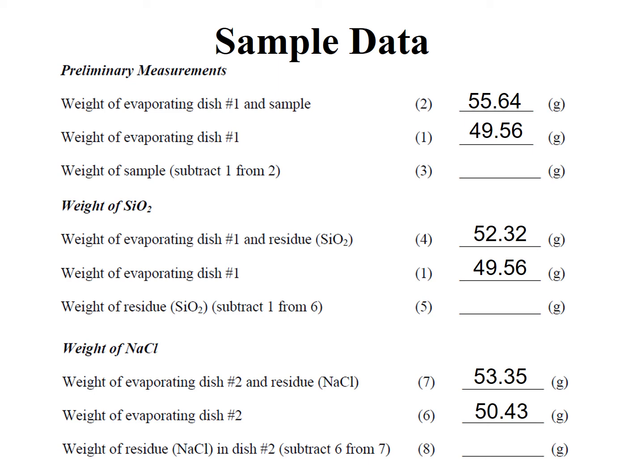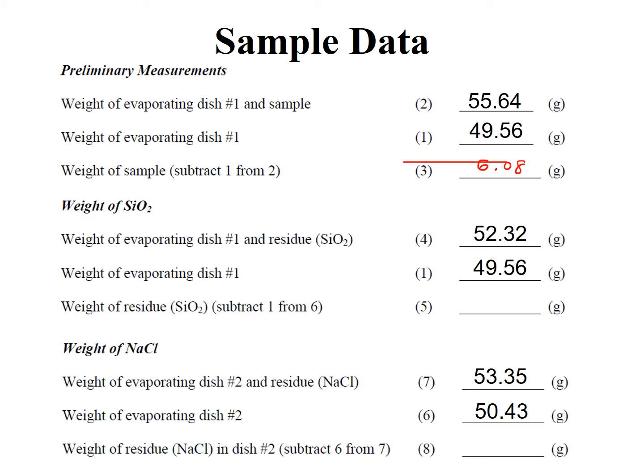So for instance, here you have the weight of the sample. How are you going to determine the weight of the sample here? Weighing by difference, all you need to do is 55.64 minus 49.56. So this is equal to what? This is around 6.08. Okay. This one, 52.32 minus 49.56.